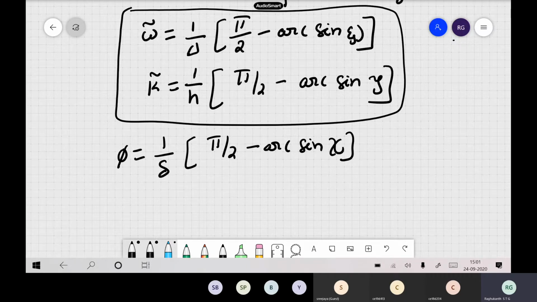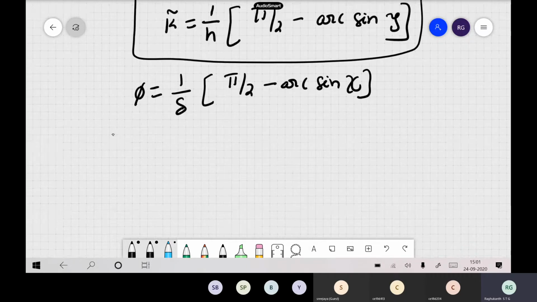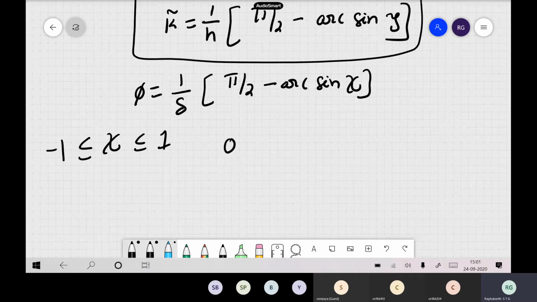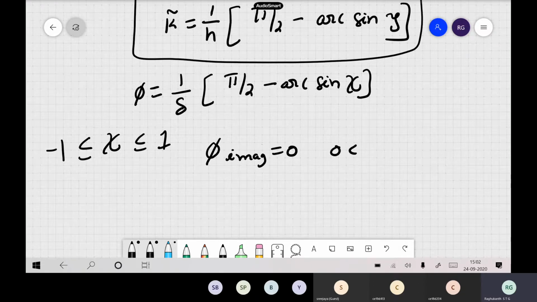When psi lies between -1 and 1, we found that phi is 1 by delta times that expression. The imaginary portion of phi will be 0, and the real part will lie within pi by delta.